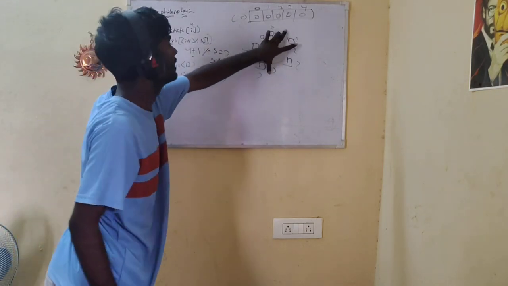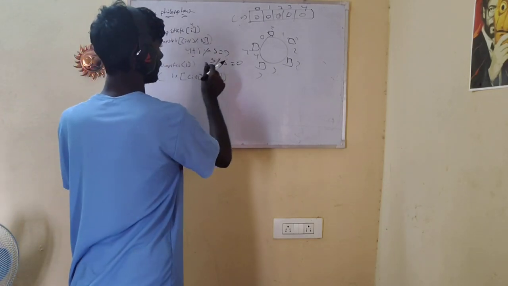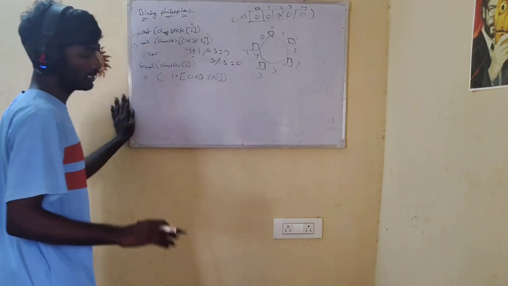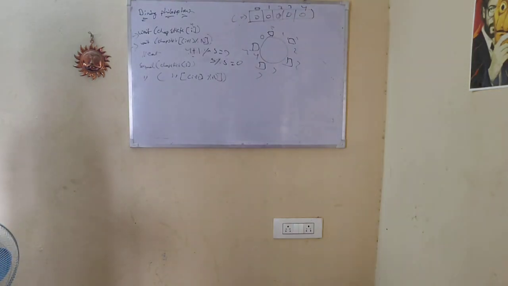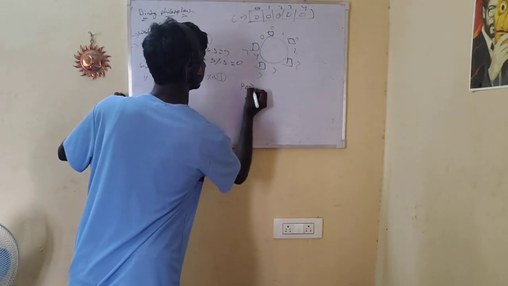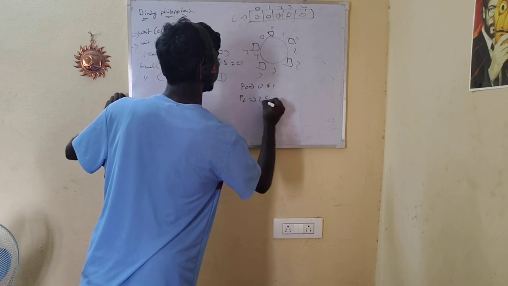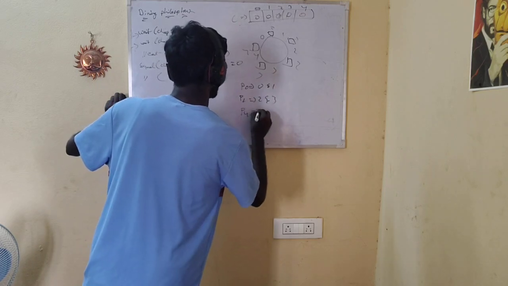So P1 and P3 are stuck at this stage, and P4 has picked up its chopstick and is waiting for P0 to give it the other chopstick. So P0 is holding 0 and 1, P2 is holding 2 and 3, P4 is holding 4.